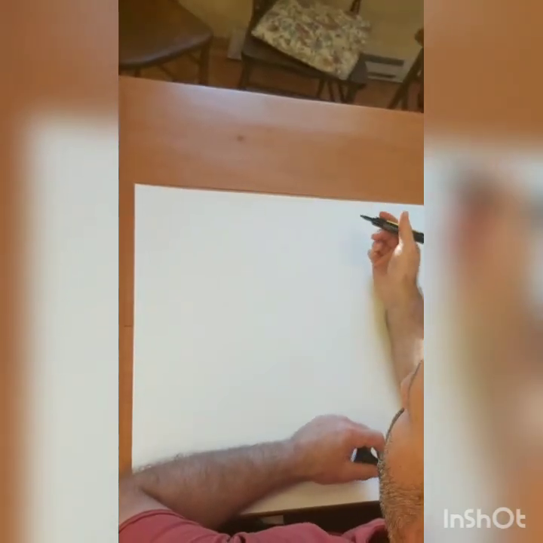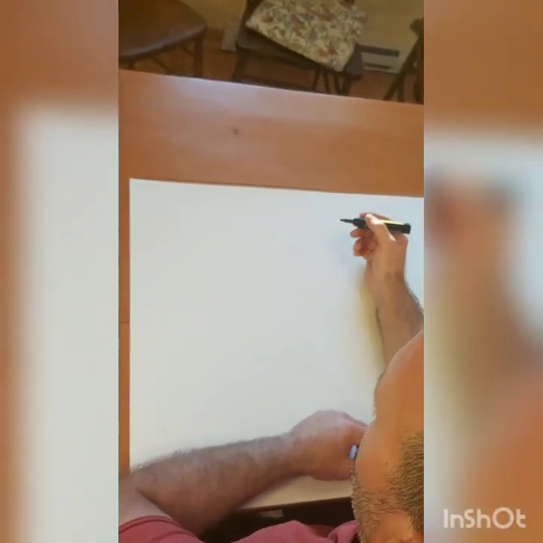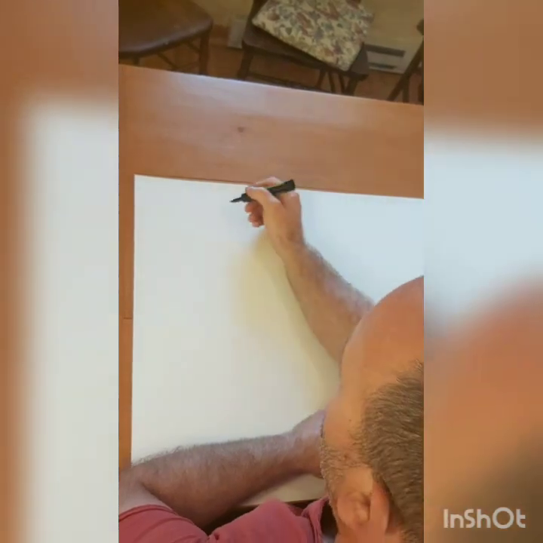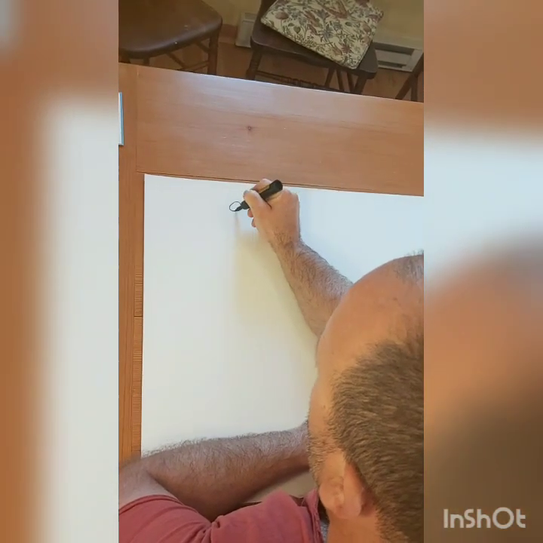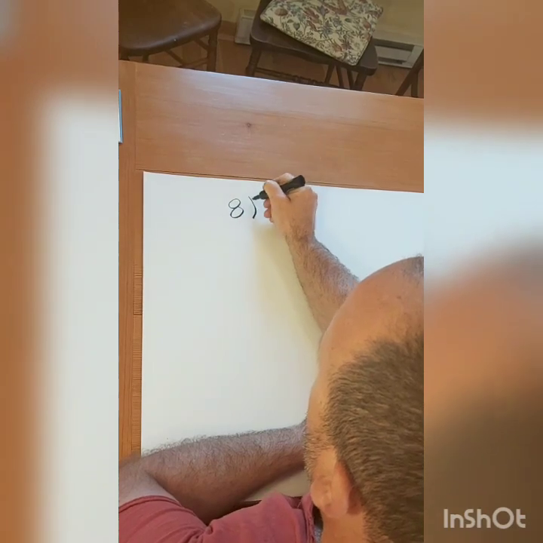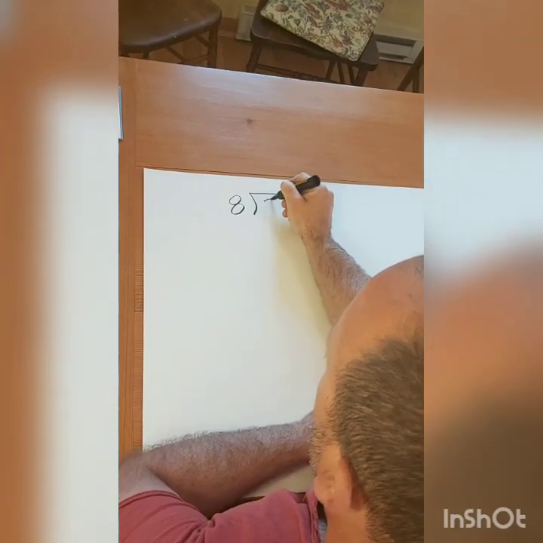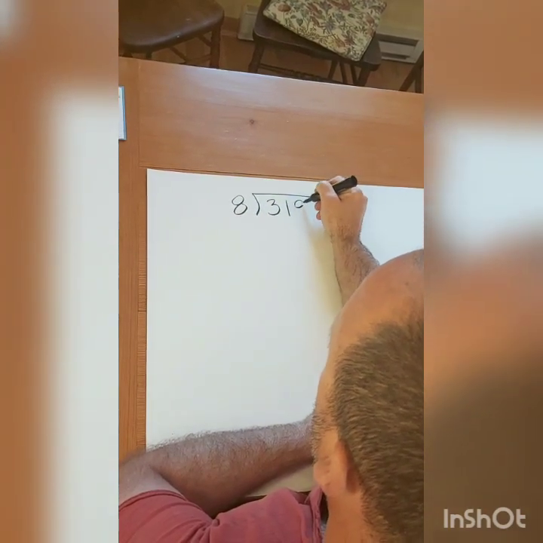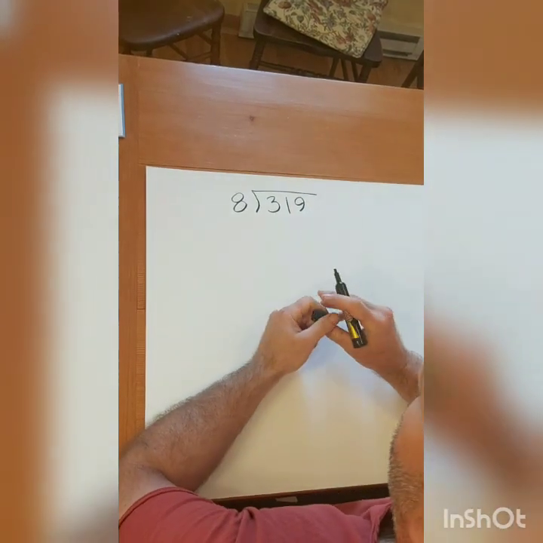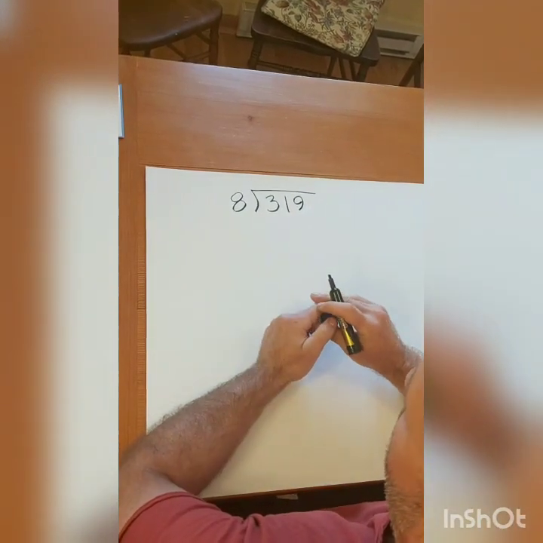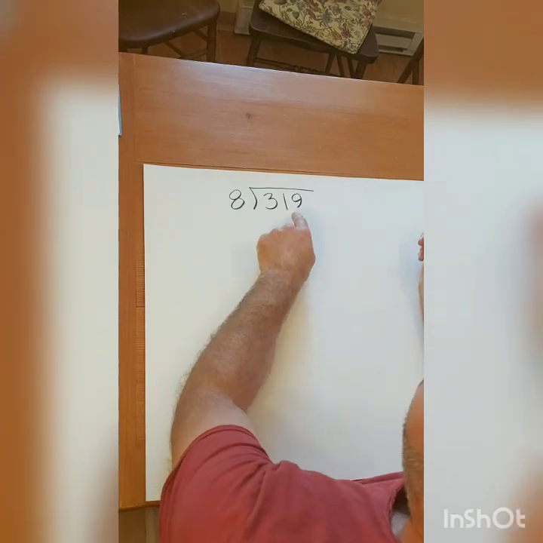Okay, so for our first lesson on long division, I'm first going to discuss some basic vocabulary. I'm going to make up a question right now. Let's say 8 divided into 319. Here we have some vocabulary we need to go over.